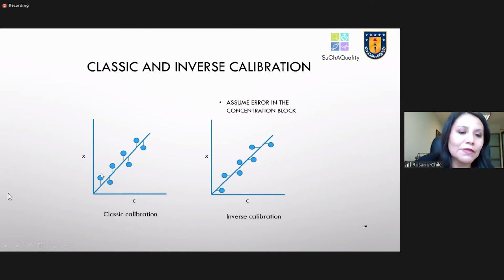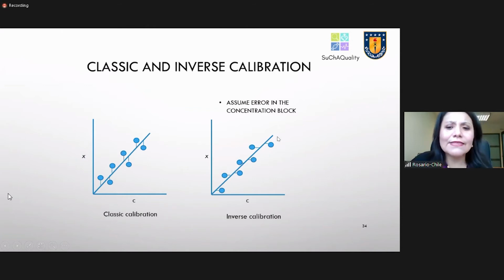Here we assume that the error is in the signal, but now we know that the instrument has less error than the error produced by the sample pretreatment and the diverse procedures used to separate the components. So the real information that we have about the analytical process is that the error is in the concentration determination and not in the signal of the samples.